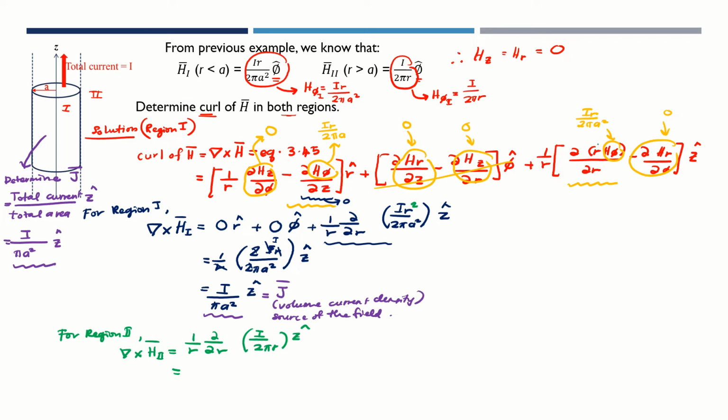Because this r is multiplied with this r, therefore there will be r squared here. So when you differentiate, you bring 2 in front: Ir squared, when differentiated, will be 2Ir. Since there is an r here, it will be Ir, and this r and the r in the denominator can cancel each other, and therefore there will be no r left behind here.